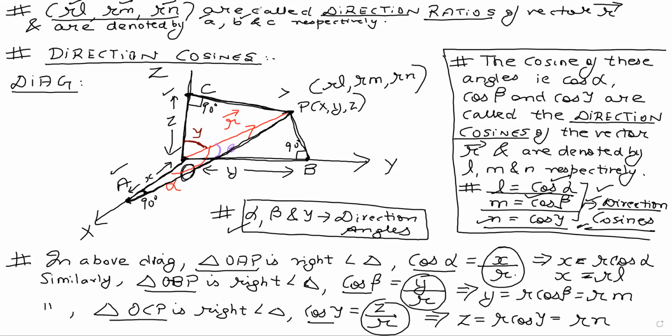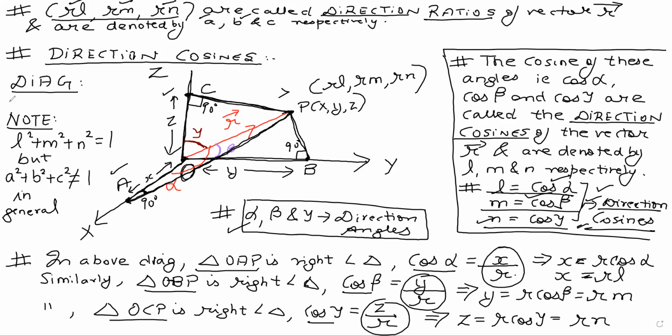And then all students can write a note, and this is where we stop. l square plus m square plus n square is always equal to 1, but a square plus b square plus c square is not equal to 1 in general.